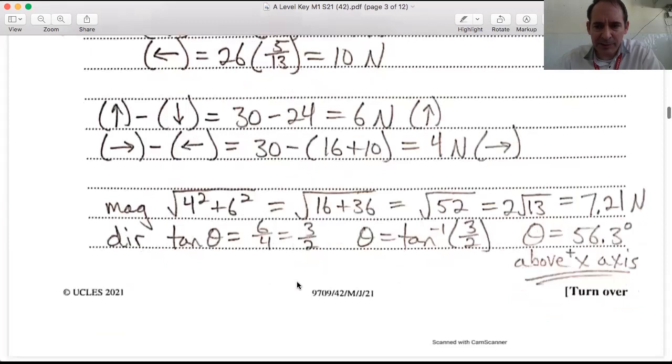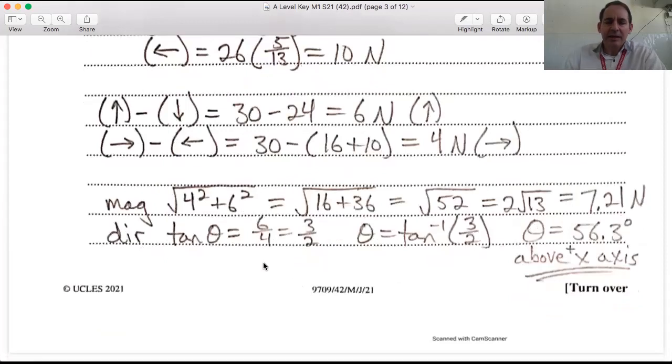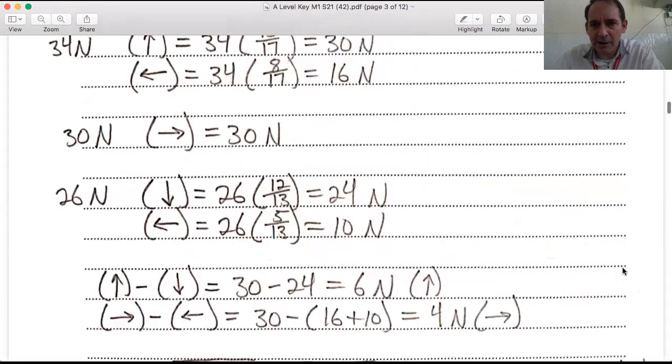Then to find the direction, make sure you're careful that you give some details with that. So to find the direction, you take tangent of the angle, which is opposite over adjacent, reduces to 3/2. Take the inverse tangent of that, you get 56.3 degrees, but you need to give some sort of indicator of where you're at.